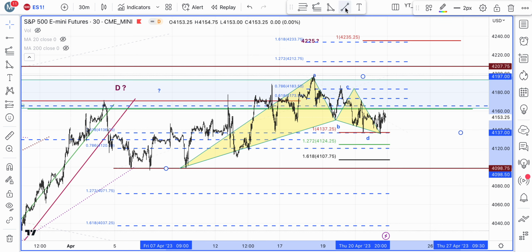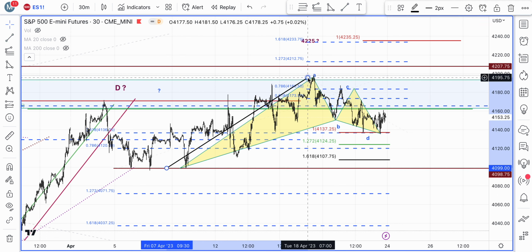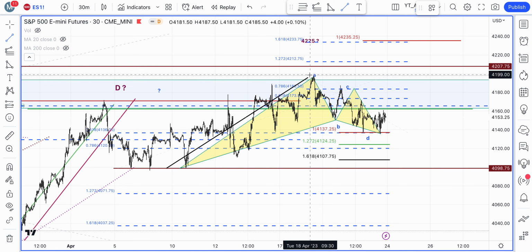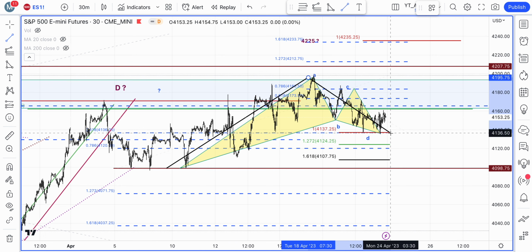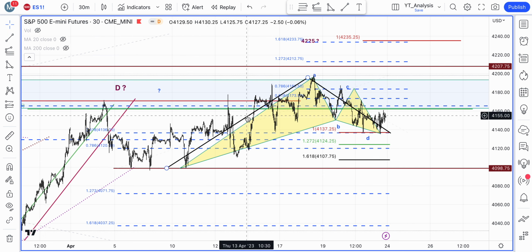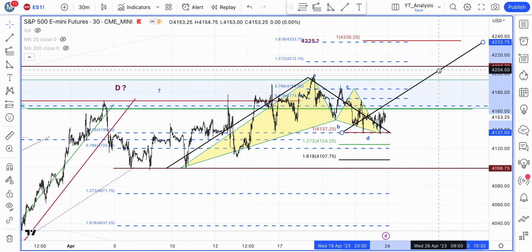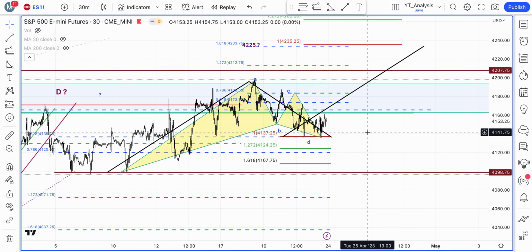So we also have an ABCD formation. Let me try drawing this line like this, a little easier to see. And what I'm going to do now is just clone this one and project it from here.